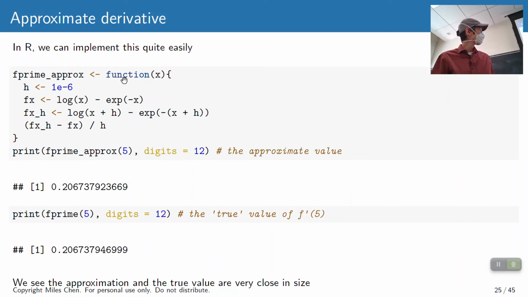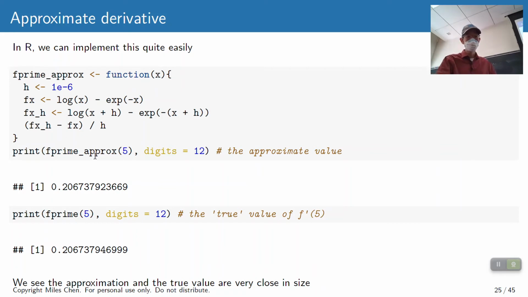We'll plug in x into log x minus e to the negative x, and then we'll do x plus h, log of x plus h minus e to the negative (x plus h). Then here's f of x plus h minus f of x, and we'll divide by h.